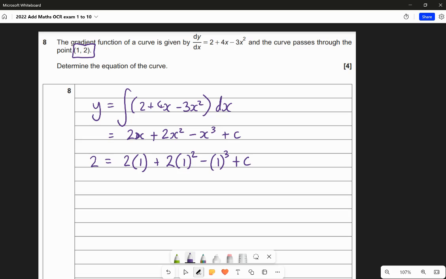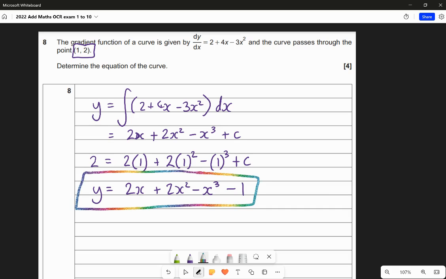And therefore, if we evaluate that, c is negative 1, and therefore y equals 2x plus 2x squared minus x cubed minus 1. Ta-da, all done. We have our equation for the function, and we have evaluated c.